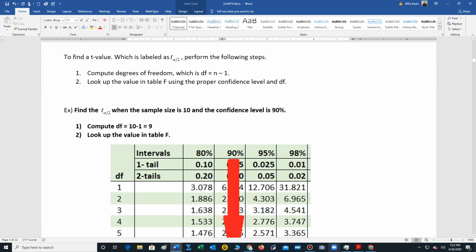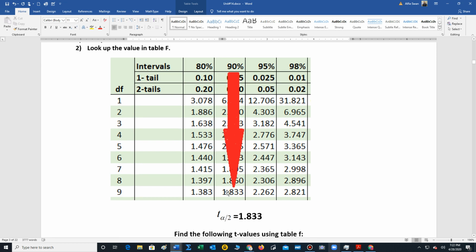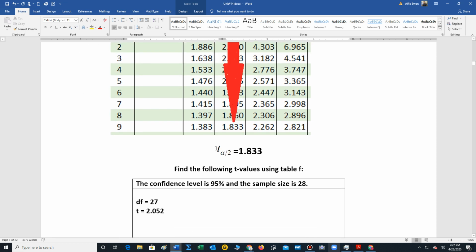Here's an example. Find the t-value when the sample size is 10 and the confidence level is 90%. Compute degrees of freedom. 10 minus 1 is 9. And we go to our confidence level 90%, go down to 9. We have our t-value, 1.833. So that would be the t-value.